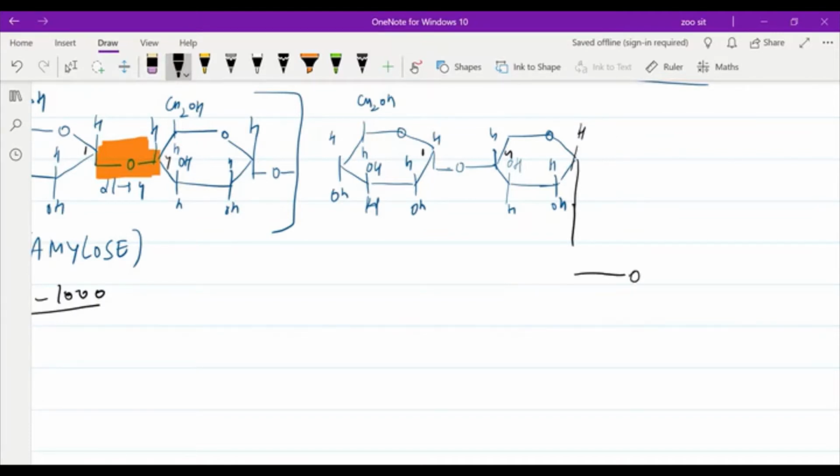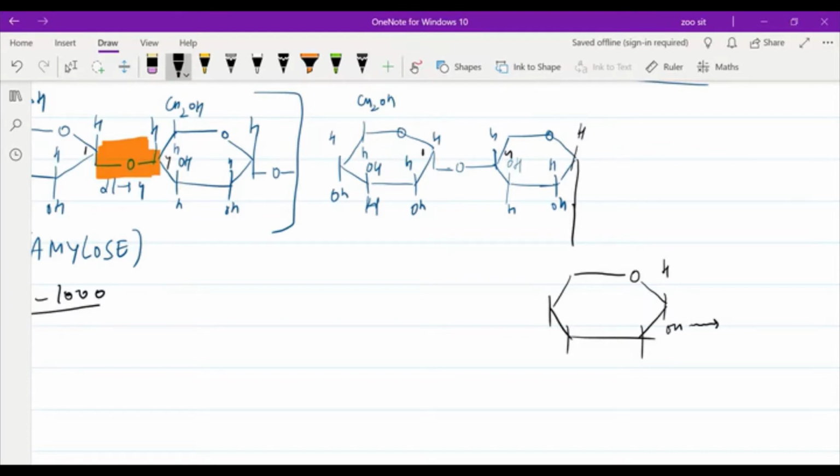The new glucose molecule here has H and OH, so this will subsequently form a bond with another glucose unit.